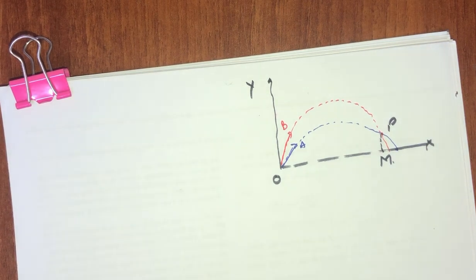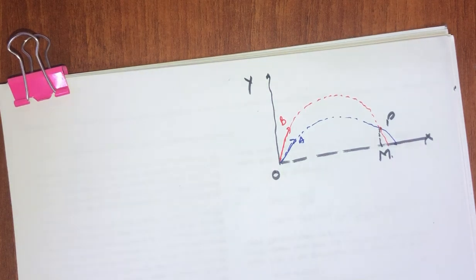So in this case, it is given that the horizontal and vertical components of both the particles are u1, v1 and u2, v2.